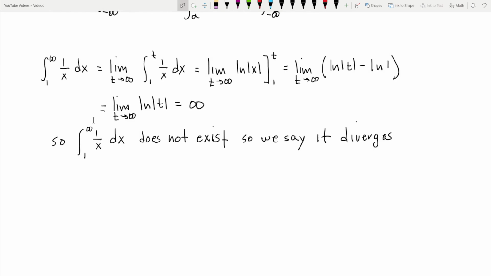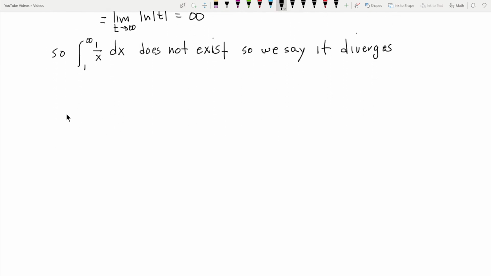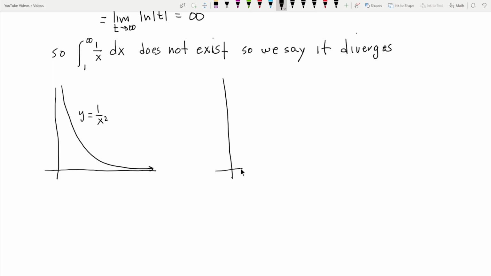So there's an interesting comparison going on here, right? So if I have two functions, I have y equals 1 over x squared, and I have y equals 1 over x. This one, all right, let's put 1 in here.